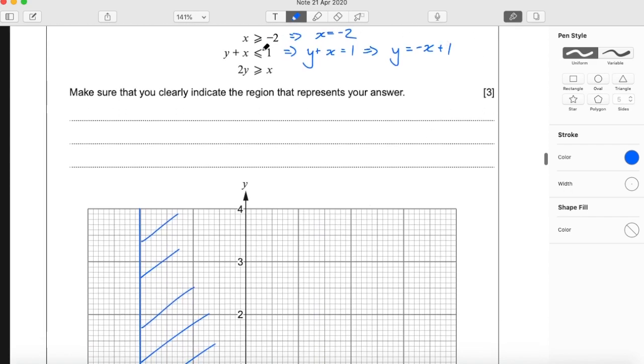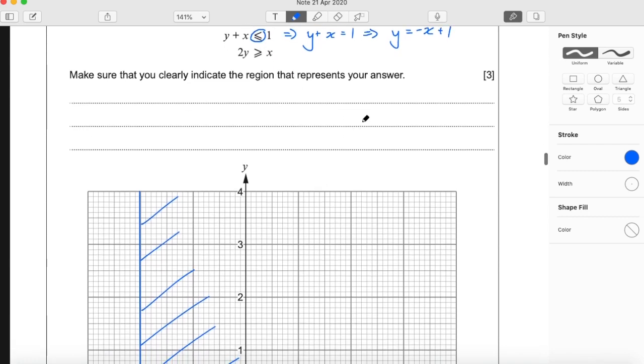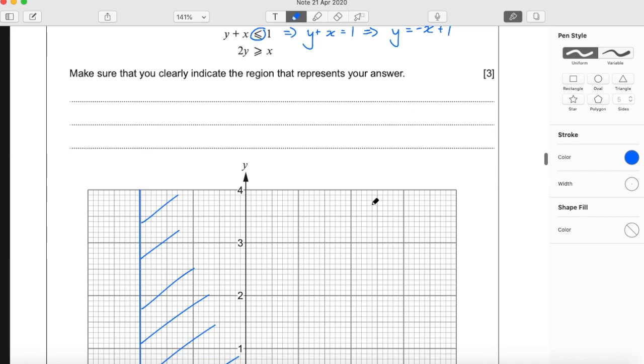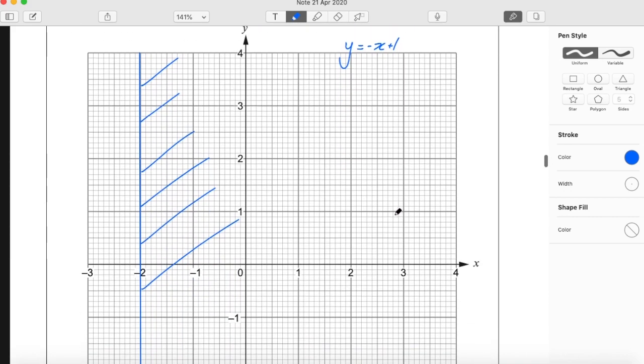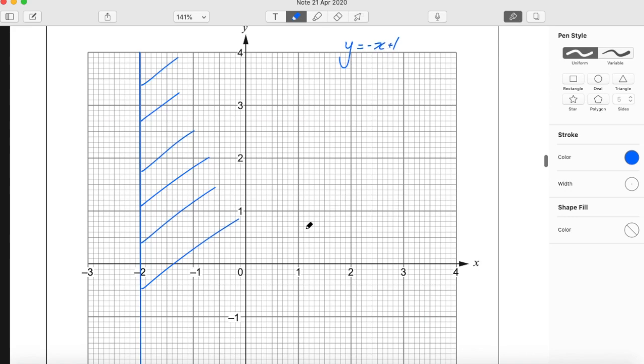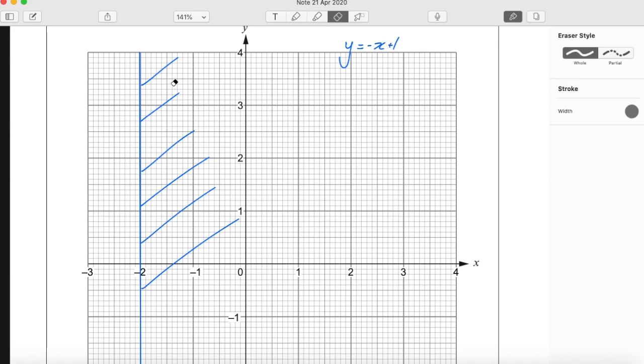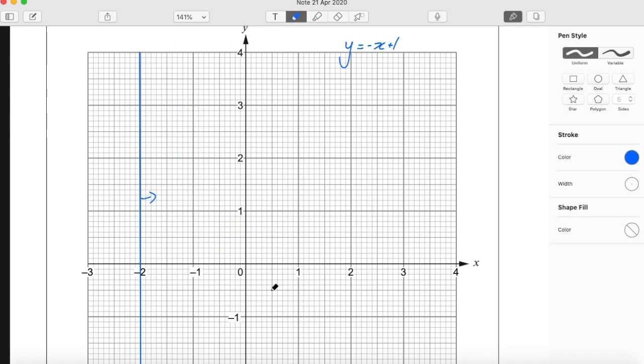Before I draw it, I'm just going to have a look. Yep, that's a less than or equal to inequality, so it's going to be a solid line. So y equals minus x plus 1. Plus 1 is the y-intercept, and it's minus x, so the line will be something like that.